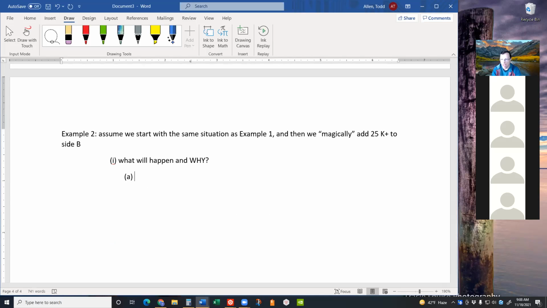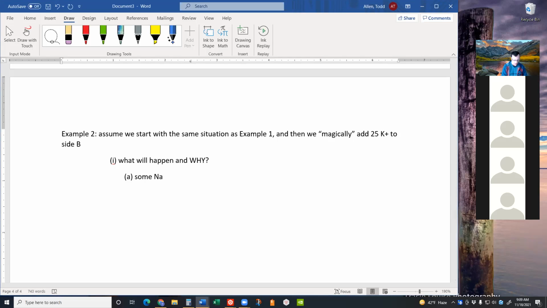Some of the sodium ions from side A are still going to cross into side B, but fewer sodium ions will move, and they're going to move with less energy because the gradient is more shallow at this point. It's like walking up a shorter hill rather than a larger hill.